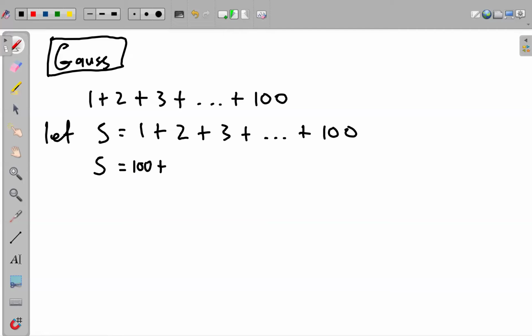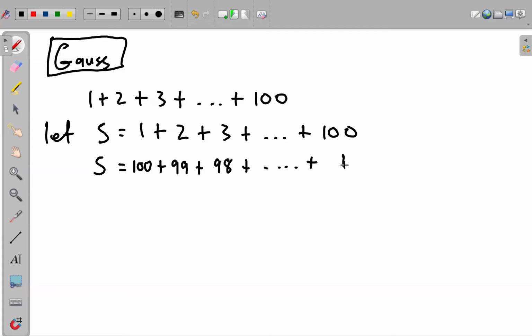In other words, he rewrites it backwards. So he starts with the smallest number in the first instance up to 100. Then in the second instance, he rewrites the same thing, but he starts with the biggest number going downwards. Then he says, I'm going to start with 100, and then I'm going to go 99, and then I'm going to go 98. And if you think with me, it means he ended with a 1 there.